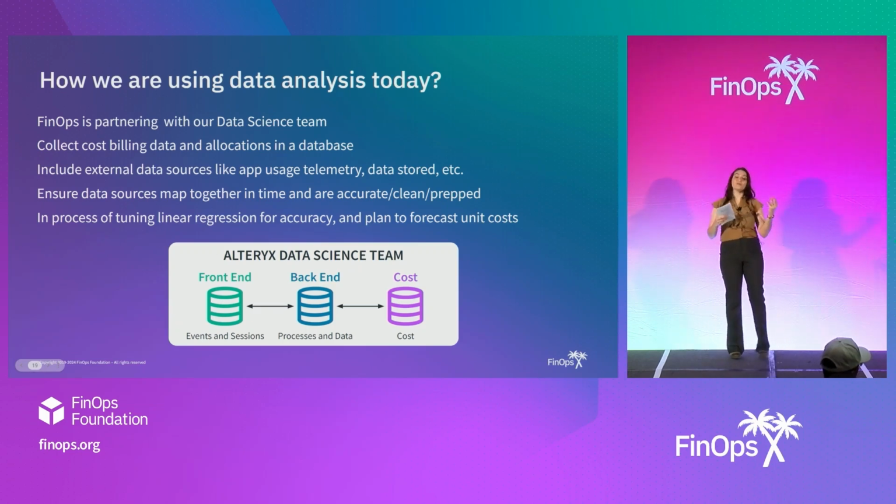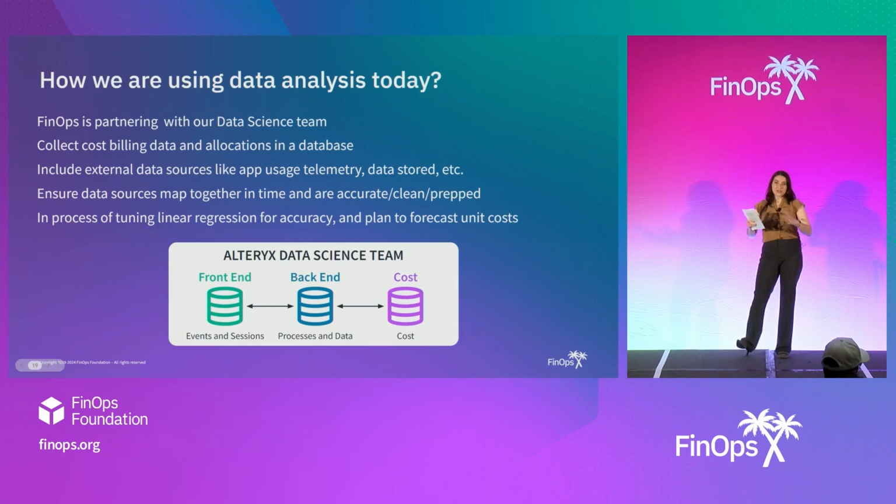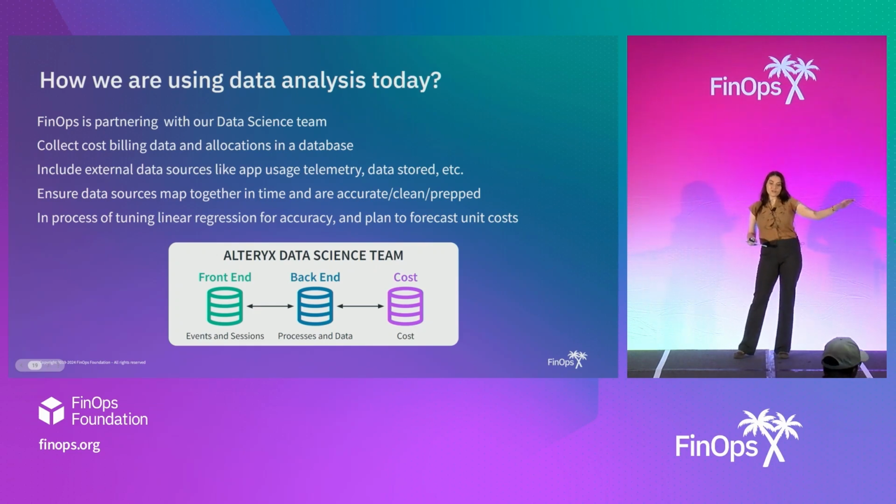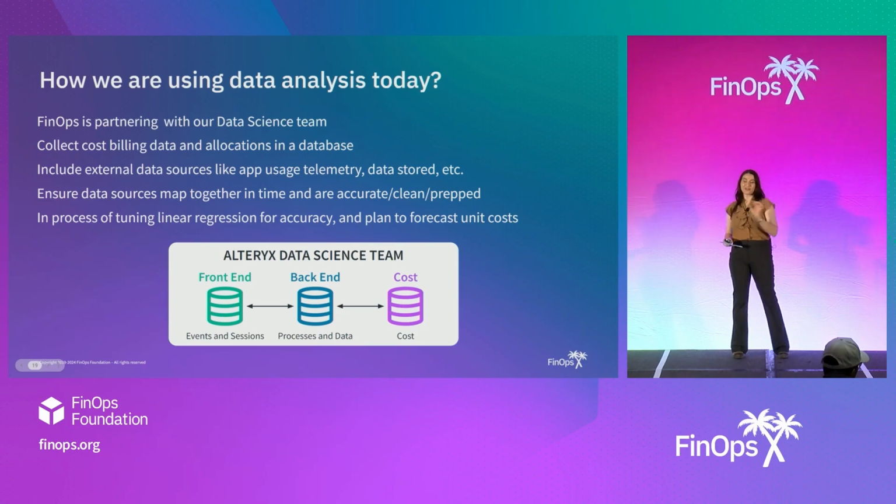But now we have access to more of that data, and we're integrating that together so that we can actually look at the front end, which I consider to be kind of the business value side, and we can see what that type of usage triggers on the back end, and then connect that back to cost so that we have a direct path from our front end usage to our cost. So we can see what the impacts are to the business if our user behavior changes.